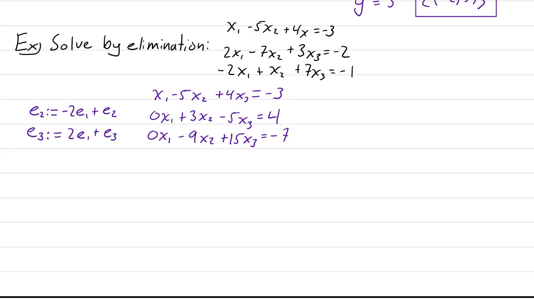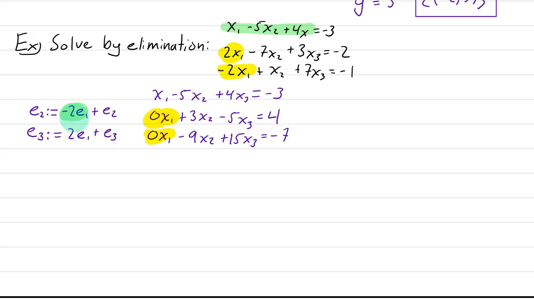So here's the result of the first couple of row operations, and I just combined 2 at a time so I didn't have to write out the whole system twice. First, to clear out a 2x1 from this equation here, we want to turn that into a 0x1 by eliminating it. You can do negative 2 times equation 1 here, and that negative 2 times x1 plus 2x1 gives you a 0 there. And then we're doing the same thing to clear out negative 2x1 from the third equation.